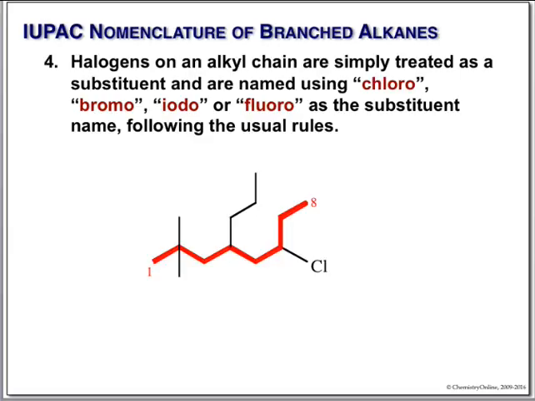So that's a 2,2-dimethyl now. On carbon 4, we still have a propyl group. So that's a 4-propyl. On carbon 6, we have a chloro. And finally, our parent is an octane.